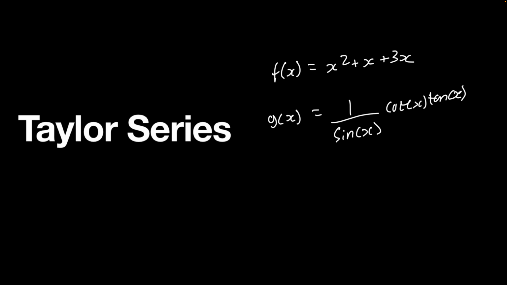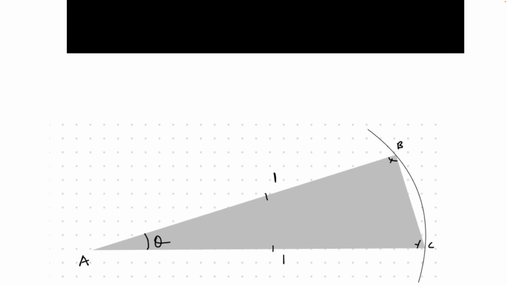How might we want to find an approximation for the function cosine of x in terms of polynomials? How would we approach simplification? Now, without using any Taylor series, we can already gain an invaluable intuition into what we would expect from an approximation. So take, for example, an isosceles triangle ABC with equal sides of magnitude 1 and apex angle of theta.